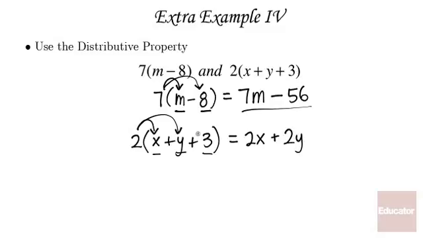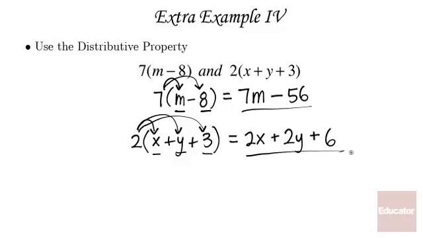Going to have to separate it with that sign. And then 2 times the 3, which is 6. Can I combine any of these? No, none of these are like terms because this has a variable of x, this one has a y, and this one doesn't have a variable. So you're just going to leave it like that as your answer.